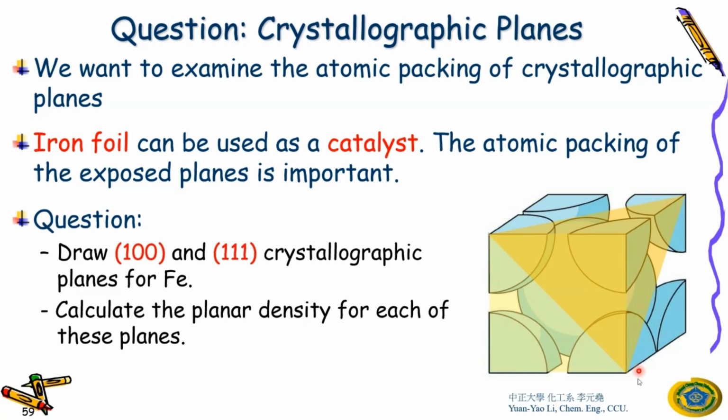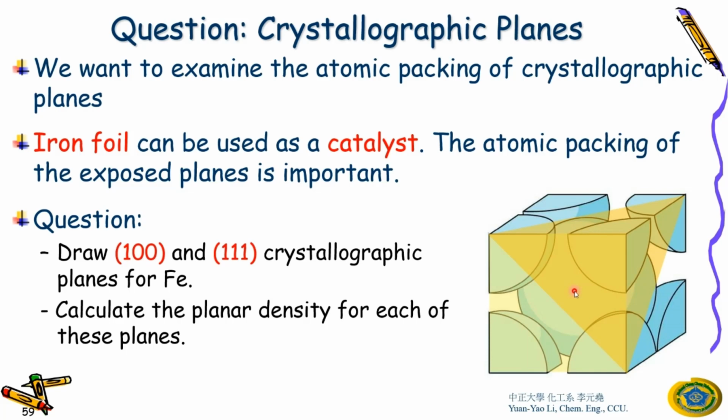I want you to calculate the planar density. If you have a high planar density, that means what? You have more atoms in that plane, right? Okay, I want you to calculate the planar density of this 110 and 111. And at that time, you will know which plane has more atoms.